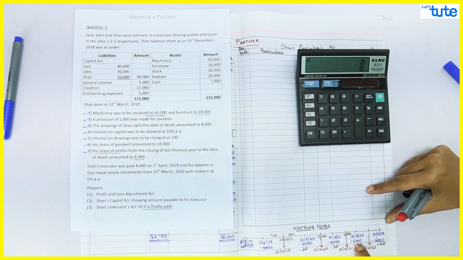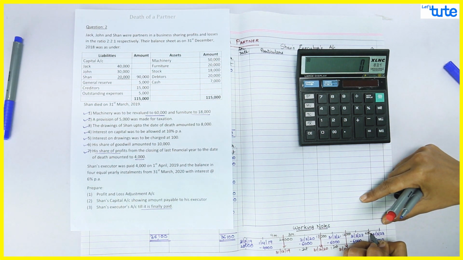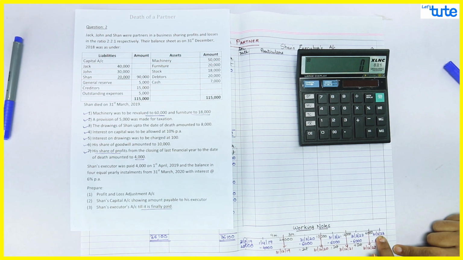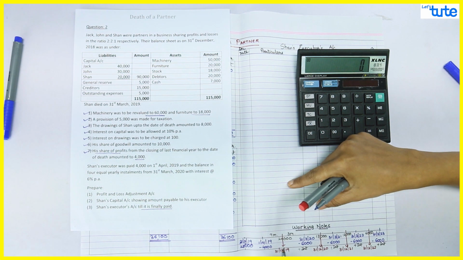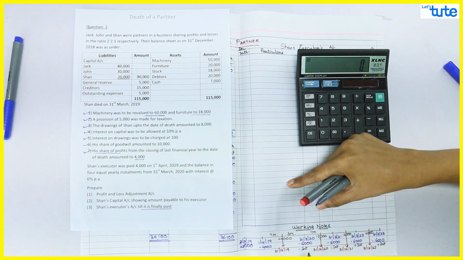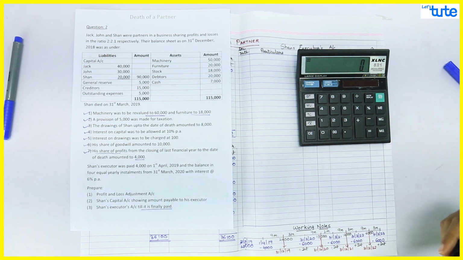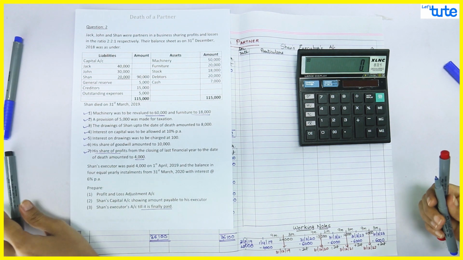And out of 12, if 6,000 is paid, outstanding would be 6,000. And the remaining 6,000 is paid on 31st March 23, then there would be no outstanding amount. You need to calculate interest proportionately. Again this would be for 9 months, this for 3 months, 9 months, 3 months, 9 months, 3 months. So now we'll start recording the transactions.